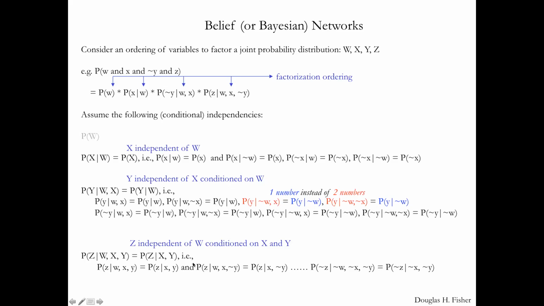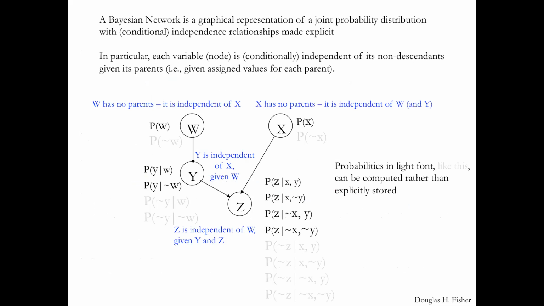And every time I get rid of a single binary valued variable from the conditioning side, I reduce the number of probabilities I have to store by a factor of 2. And if I eliminate more variables, I eliminate a still greater number of probabilities I need to store.